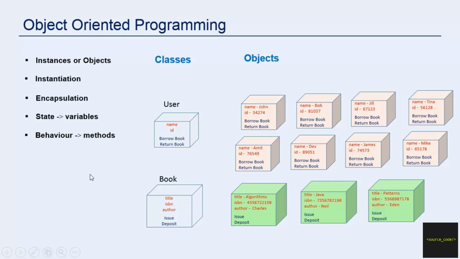So a class defines what data and methods the object should have, and the objects contain the actual data. And instantiation means creating an object using a class as the blueprint. Now the behavior defined inside the class is shared by all the objects, but data is not. Each object behaves in the same way but has its own data.